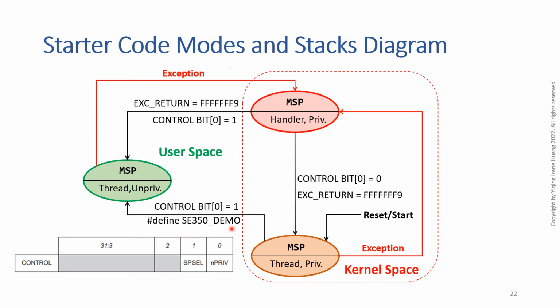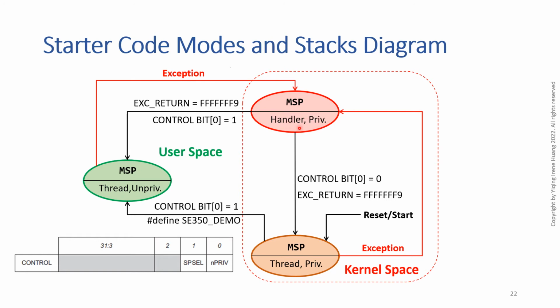If we do not have this macro defined, then we start from the default state, which is MSP, thread mode, privileged level. Then if an exception happens, for example an SVC call, a system call, we trap into the kernel and we're using MSP in handler mode at privileged access level.